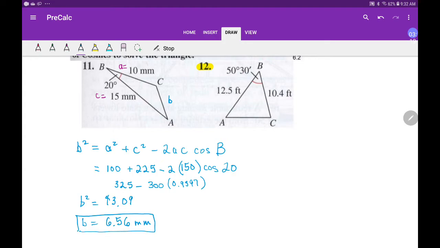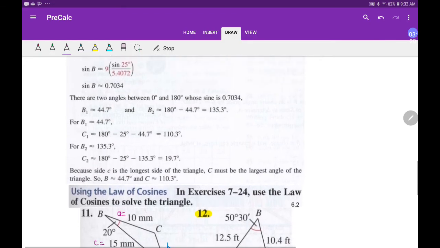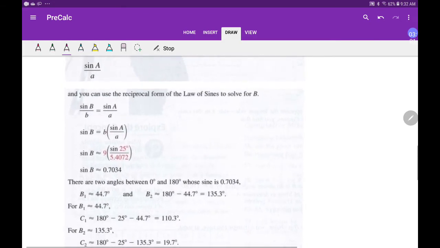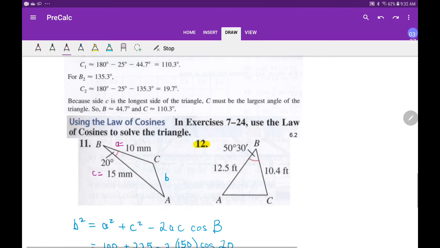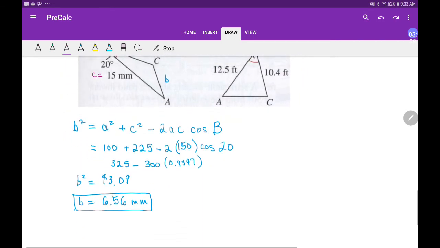But now that we know B, we can use that ratio, and we're looking for angle C. So as they did up here in the example, once we knew one, then we go back for the other ones. All we need to do is do it once.